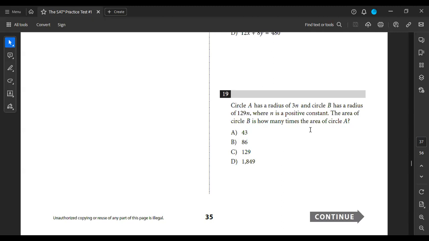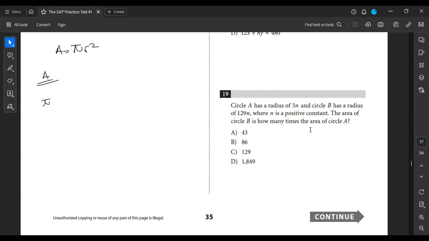Okay, so circle A has a radius of 3n, and circle B has a radius of 129n, and n is a positive constant. The area of circle B is how many times the area of A? The area is pi r squared, correct? Radius is 3n, so (3n) squared.